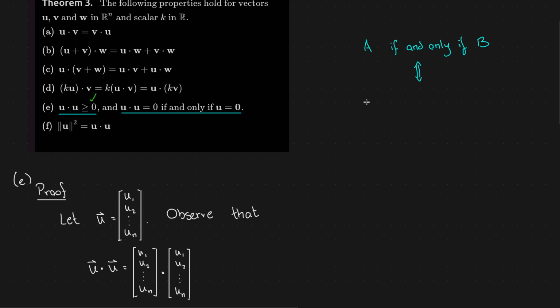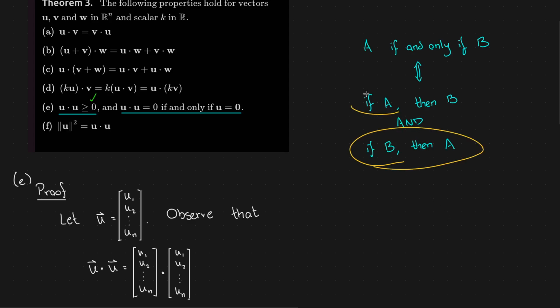That means if A, then B, and if B, then A. And I have to prove that both of these are true because they're not always.